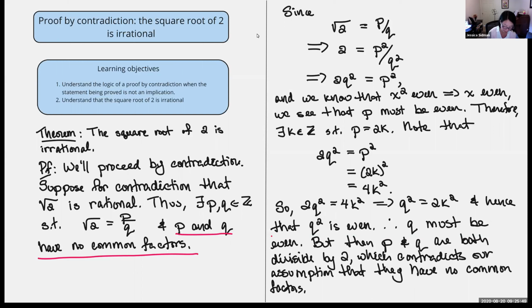So therefore, we conclude that the square root of 2 cannot be rational. And we're done.